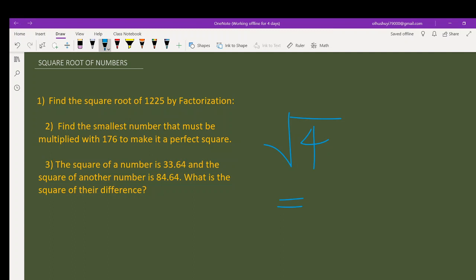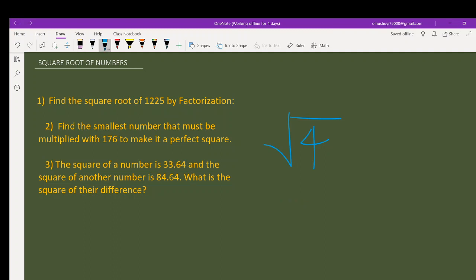If this means square root, this means third root, this means fourth root, and on and on. And this means nth root. So the number of roots that you have determines what your answer will look like. Of course, this is just a square root.